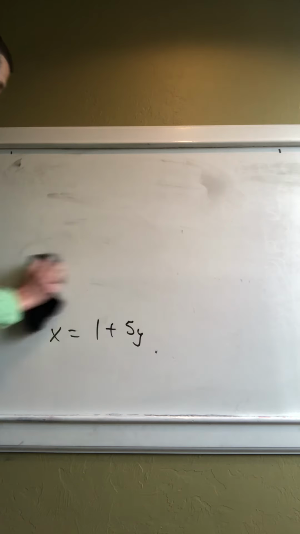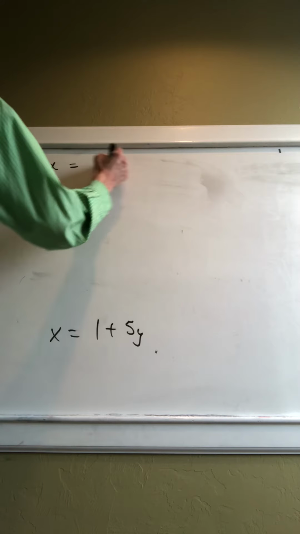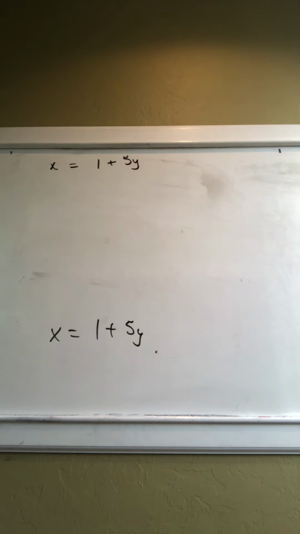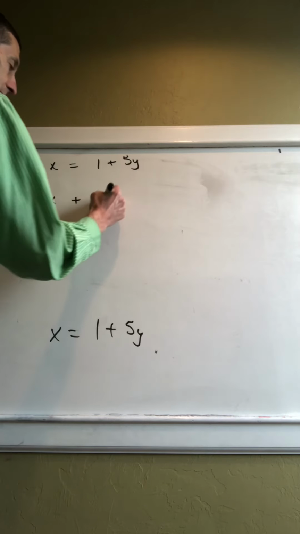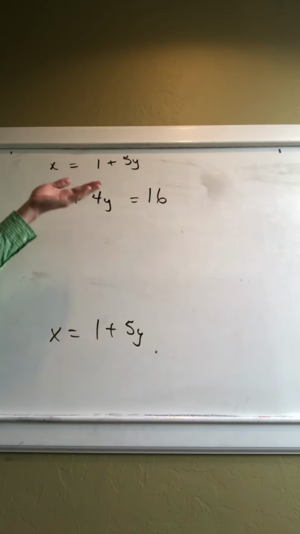Okay. So I changed my equation. It's now x equals 1 plus 5y. The other equation that we've not used yet, slide it in here. So we rewrote one of the equations. We're now going to substitute it into the other equation.